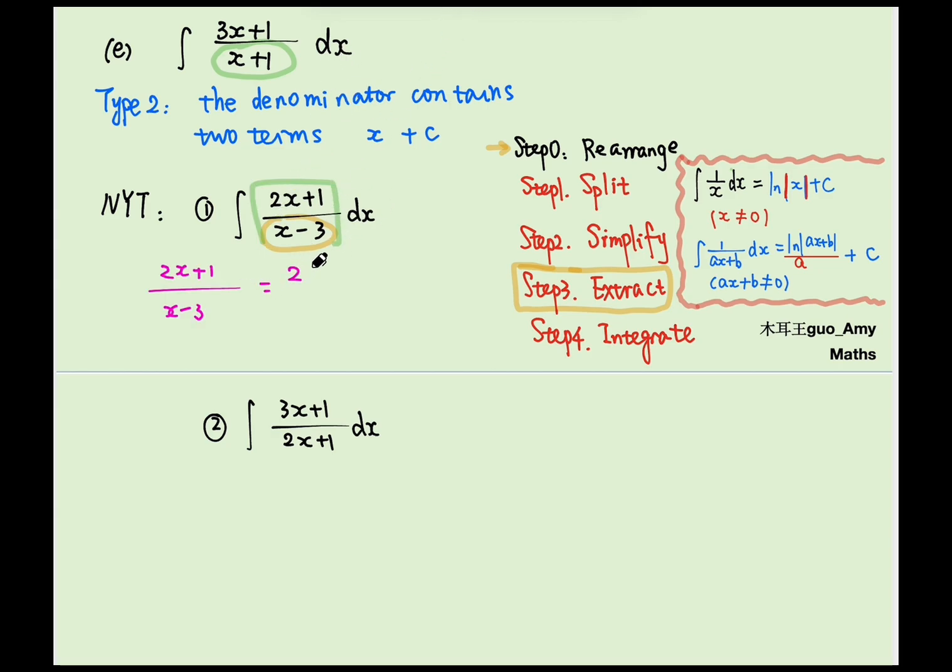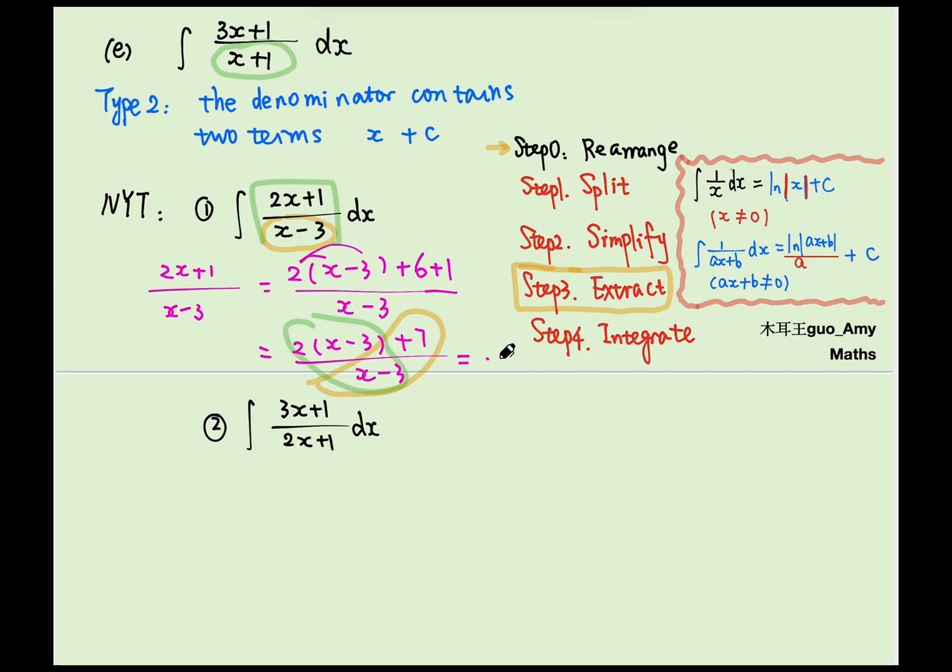The x part, put it in the brackets and then convert to the form the same as the denominator. We are going to plus 6 to make it equivalent and then add the previous one. Therefore, we will have 2 times the brackets plus 7 over x minus 3. Then you can start to split the fraction into these two separate fractions. The remaining part will be left to you.